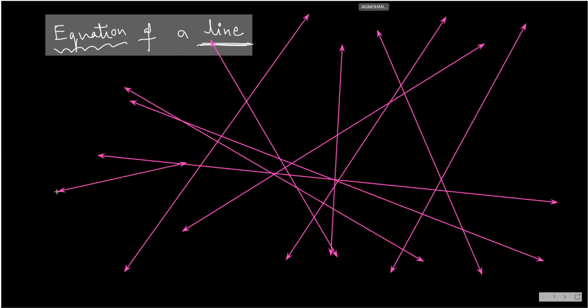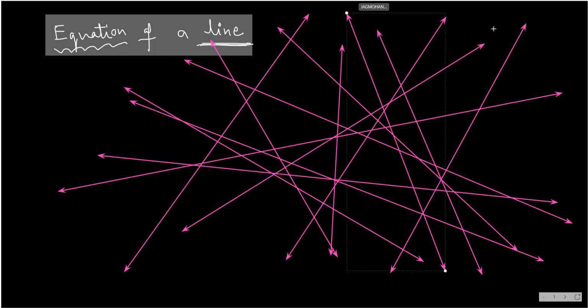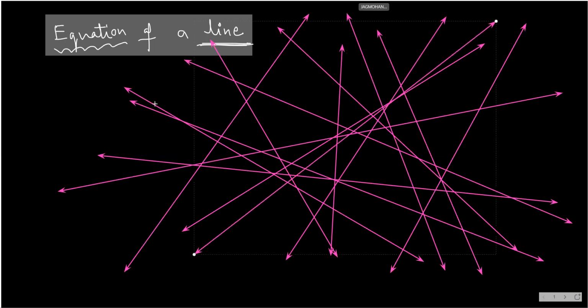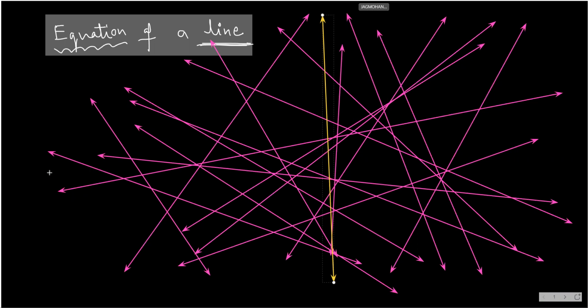So if it is a set of points, it is a locus, and if it is a locus, then we can distinguish one locus from the other only with the help of an equation. Now suppose you have these many lines. I've drawn about 20 to 25 lines, and say this is your X and Y axis.